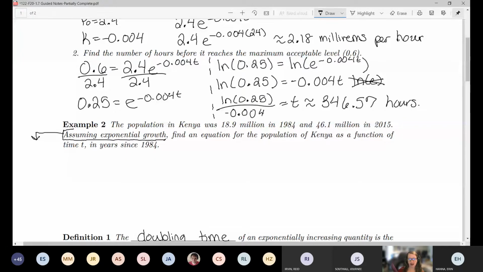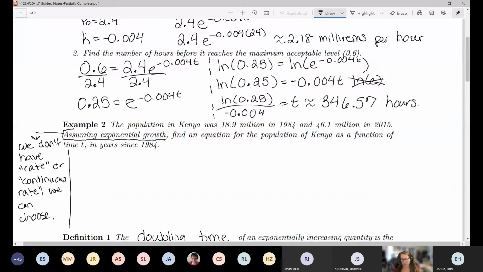So since we don't have rate or continuous rate, we can choose. That's only very rarely going to happen.